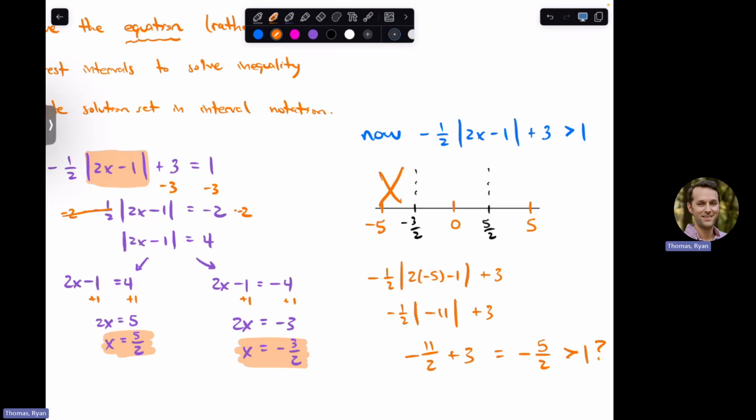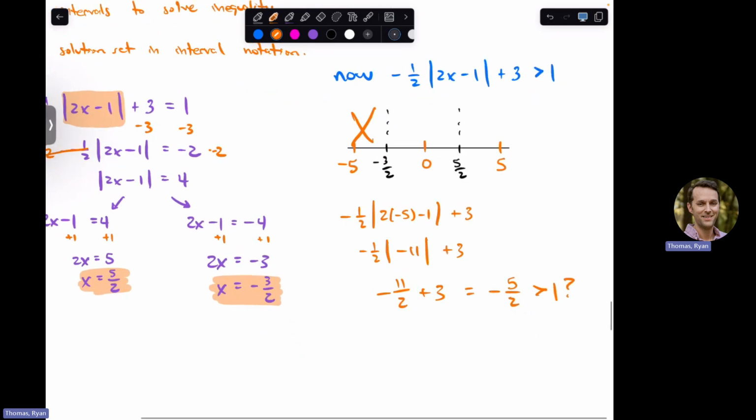All I need is a thumbs up or thumbs down on whether that's true or not. All this stuff I just did, you can just punch into a calculator just like it is, and it'll spit out an answer, right? I did this by hand, you don't have to. Show me, write something down that you're actually checking these, that you're not just guessing. But again, you can just type all that into a calculator if you want. That's not bigger than 1. So that interval does not cause this inequality to be a true statement. Can I say it that way?